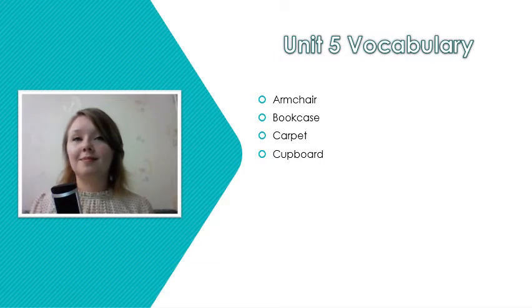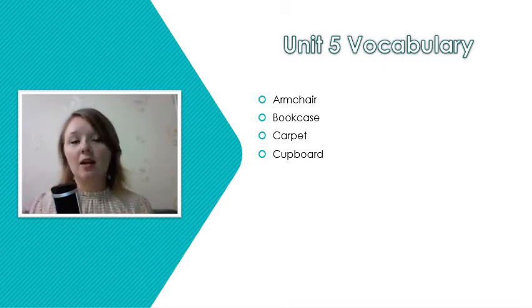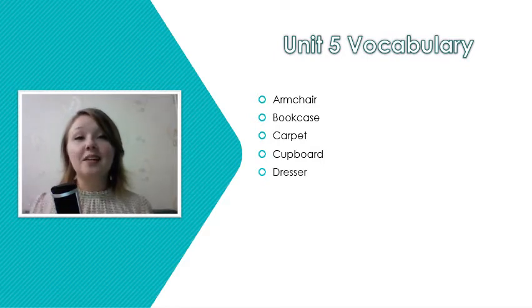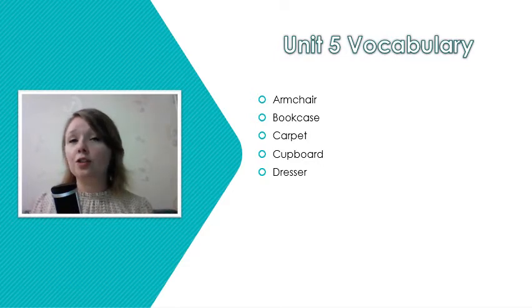Cupboard. This is where we store things, particularly in our kitchens, right? Remember from the vocabulary video that in that word, we don't really hear that P. We just say cupboard. Next we have dresser. This is one place we can keep our clothes. We might also hear a dresser referred to as a chest of drawers.